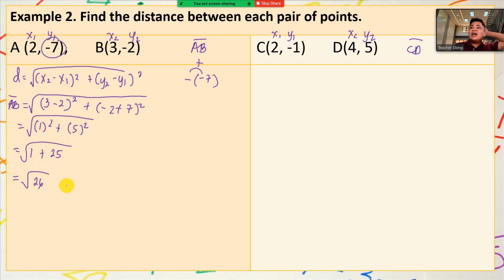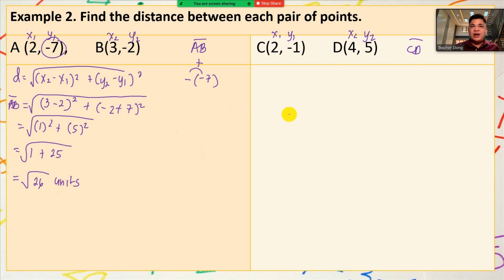Now, we cannot factor 26 anymore to get a perfect square, so this is already simplified. But if you are using your calculators, the square root of 26 is approximately 5.099 or 5.1. But it depends on your examination if your teacher is going to require the radical expression or the decimal. So it's up to your teacher.